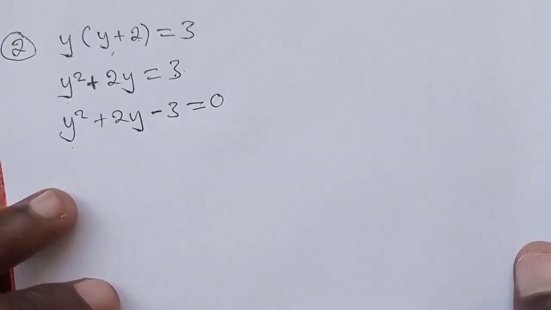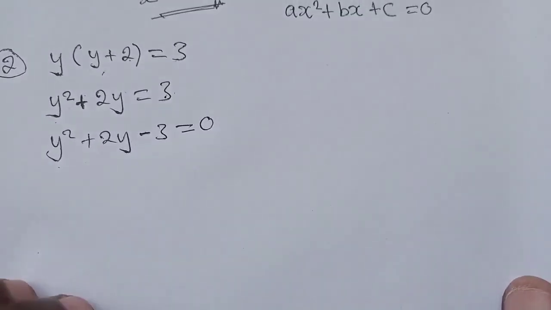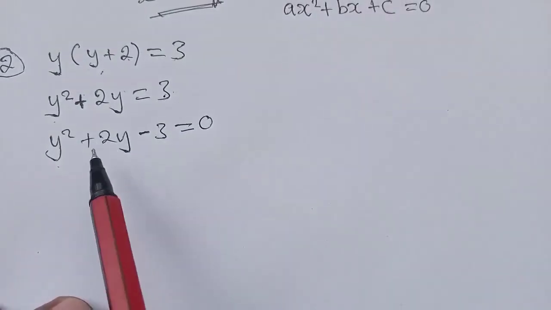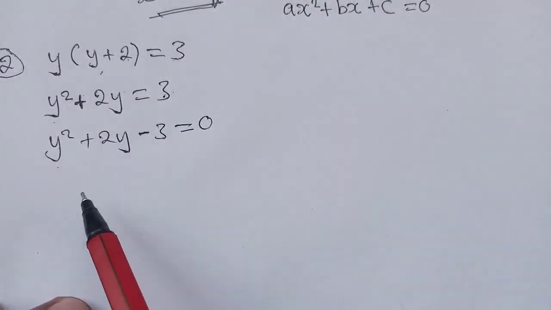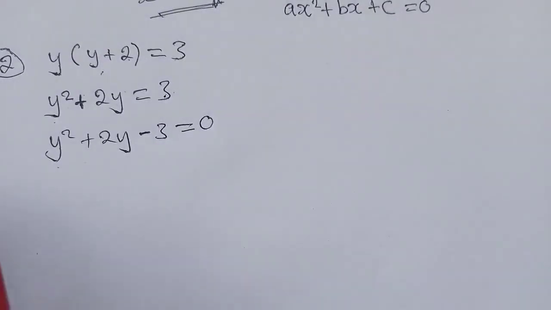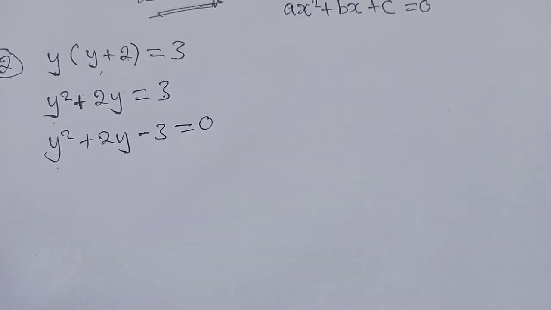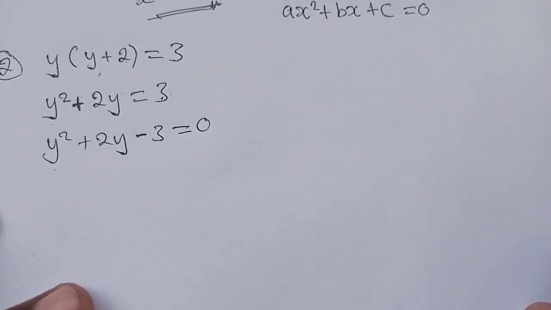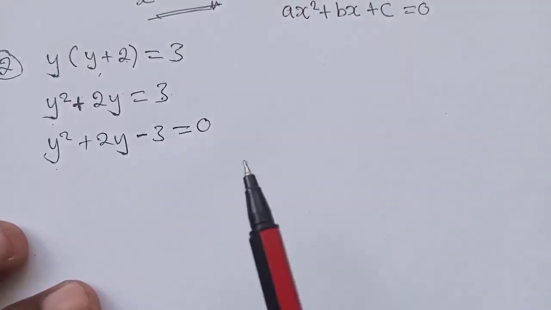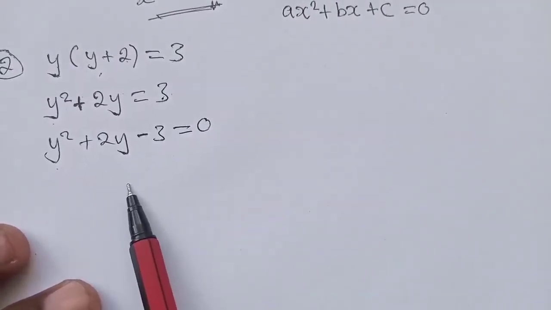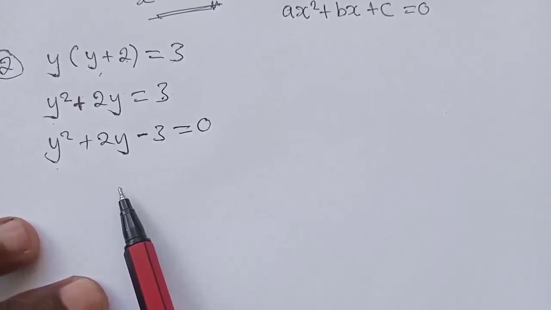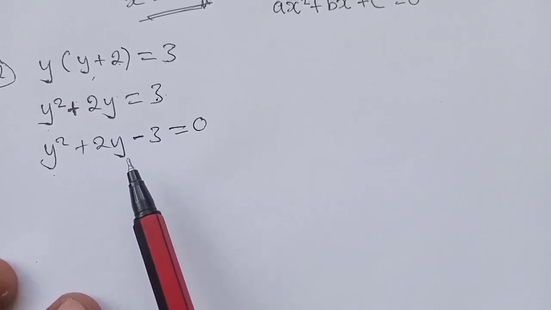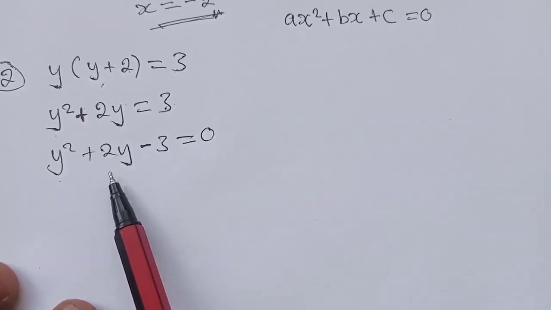And from here, these are actually quadratic equations, and we can solve them either by the factorization method, the completing the square method, and also the formula method. The formula method is the one you use in paper 2, that question which they give 5 marks, where they ask you to find the answer and round it off to 2 decimal places.